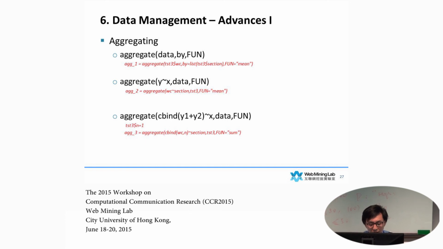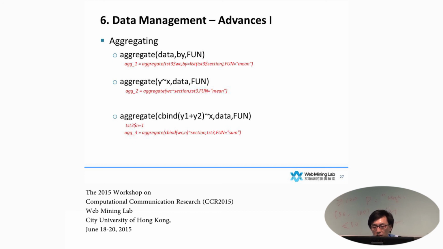The word count, and you use a sign section, that means we group the word count by section, and the data is TST3, and we need to input the function, this function is mean, so we want to know the average.